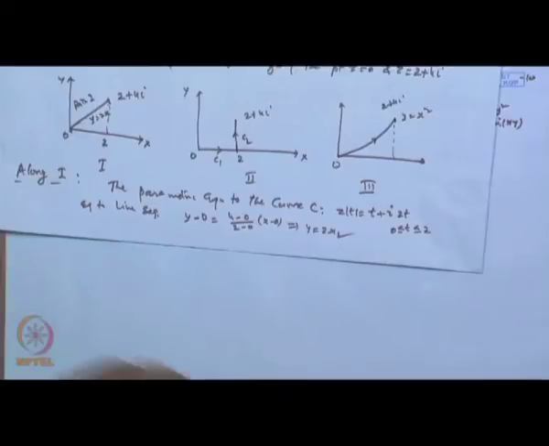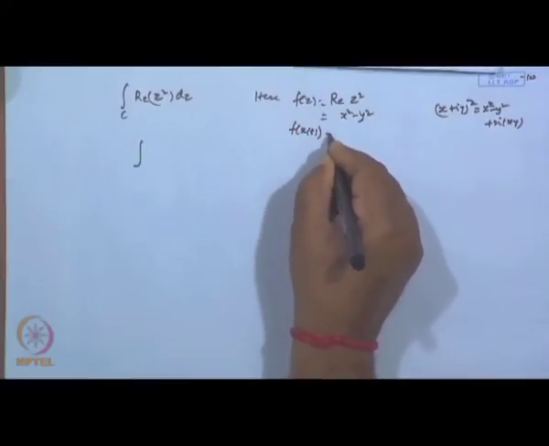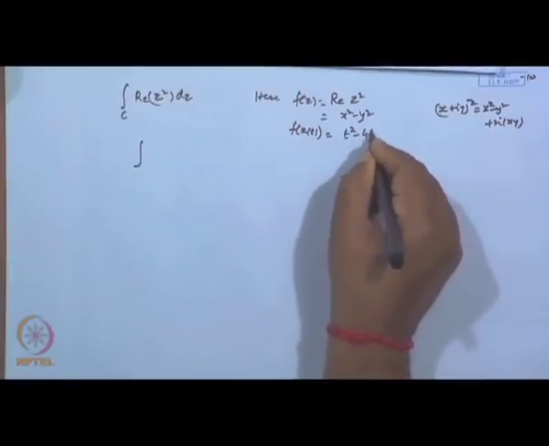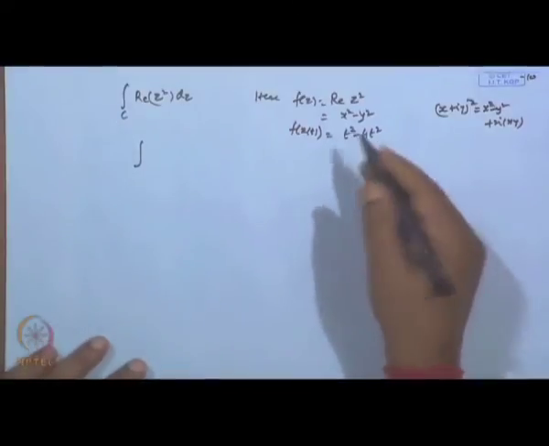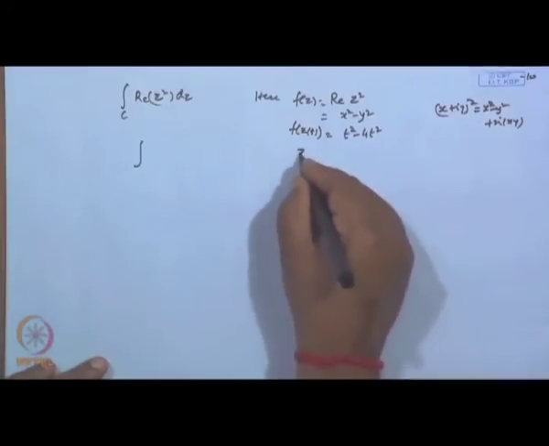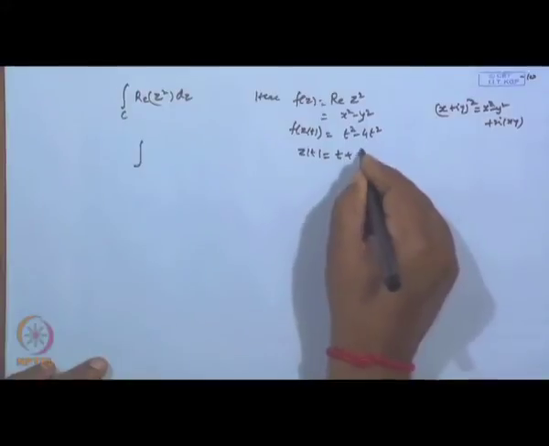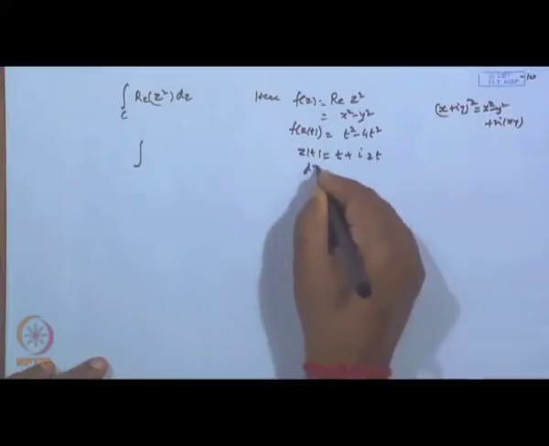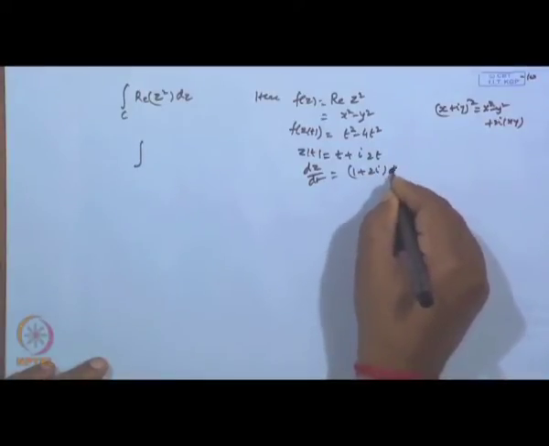So, the value of this at z(t) is nothing but t squared minus 4t squared, is it not? Because z(t) is t plus i times 2t. So, dz by dt becomes 1 plus 2i, that is all.